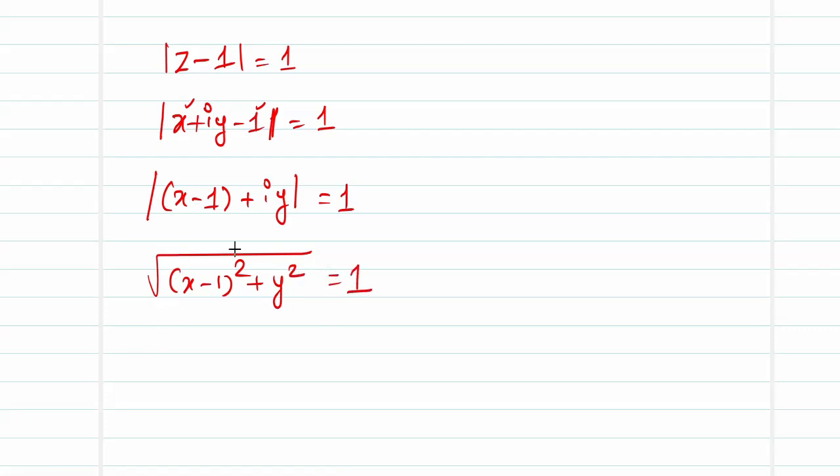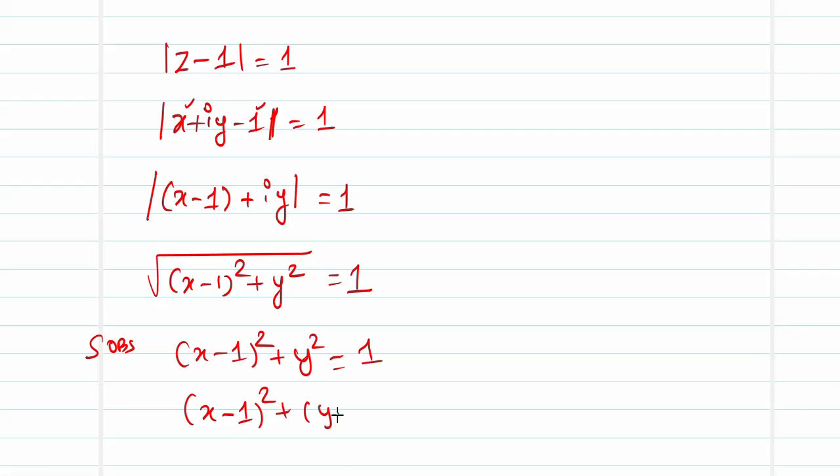In order to remove the square root, I square on both sides. Squaring on both sides gives me x minus 1 the whole square plus y square equal to 1. I can very well rewrite this as x minus 1 the whole square plus y minus 0 the whole square is equal to 1. Now you can identify this with the general formula for a circle, x minus a the whole square plus y minus b the whole square is equal to r square.